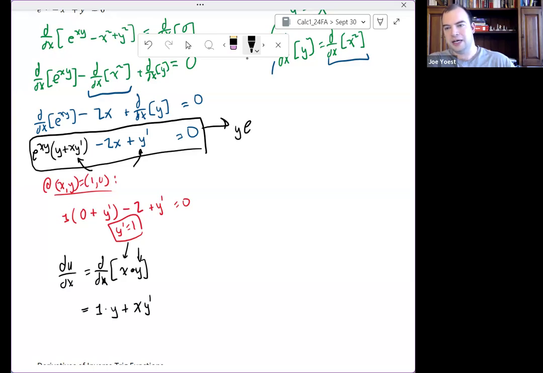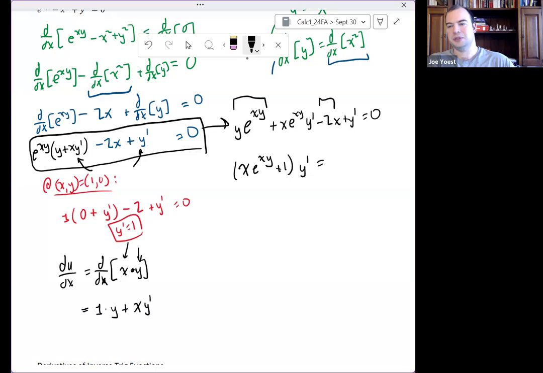So this gives me y e to the xy plus x e to the xy y prime minus 2x plus y prime equals 0. This and this do not have a y prime in them. I can just go ahead and push those to the other side now, I suppose. So I have x e to the xy plus 1, times y prime, equals 2x minus y e to the xy.